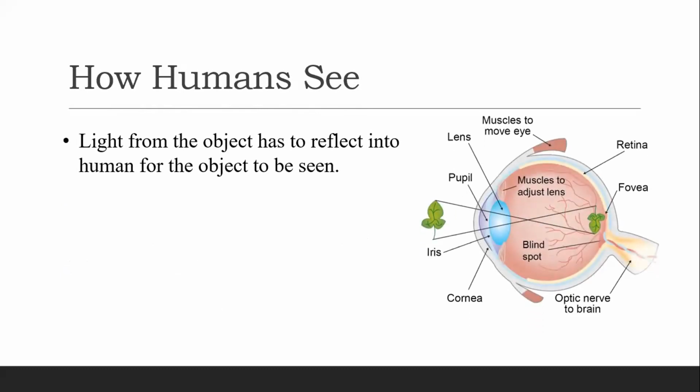So light from the object reflects into the human eye, which passes through the pupil and the lens where rays are refracted, and the rays get to the most sensitive part of the human eye, that's the retina, which contains photoneurons that convert the rays into electric signals and pass those electric signals to the brain for interpreting, and the brain interprets it as an image. And that's how humans see.